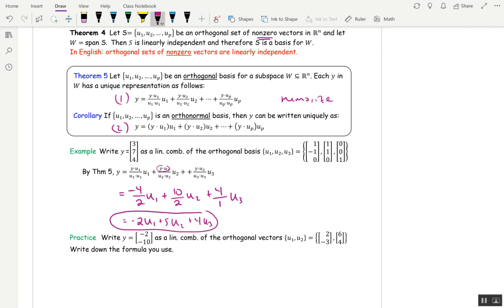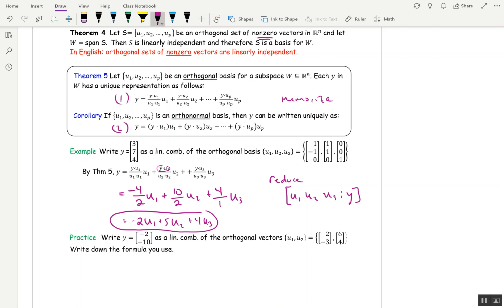We've written y as a linear combination of 3 other vectors. Now in the old days, the way you would have done this is to reduce the augmented matrix u1, u2, u3. You put those in as columns, and then you augment with y.